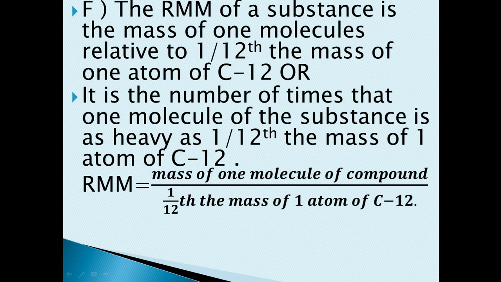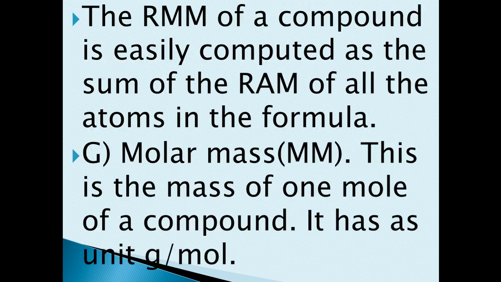So you see, it is the number of times that one molecule of the substance is as heavy as 1/12 the mass of one atom of carbon-12. So relative molecular mass equals the mass of one molecule of compound over 1/12 the mass of one atom of carbon-12. That is what we call the relative molecular mass.